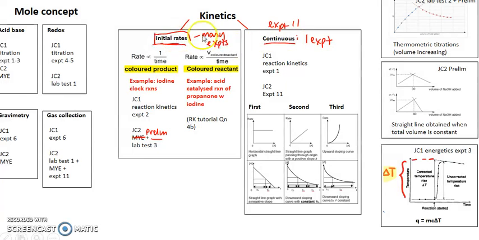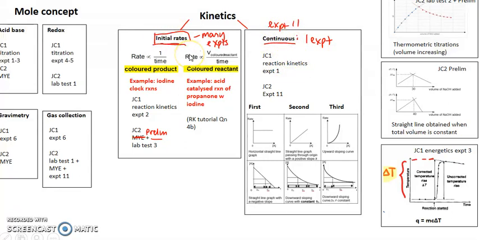Initial rates refers to many different experiments, usually at least 4 or 5, or even more. Continuous method, such as Experiment 11, has only one experiment carried out. So, we follow the concentration, usually of one substance. It could be a reactant or product throughout the entire reaction. That is the continuous method.